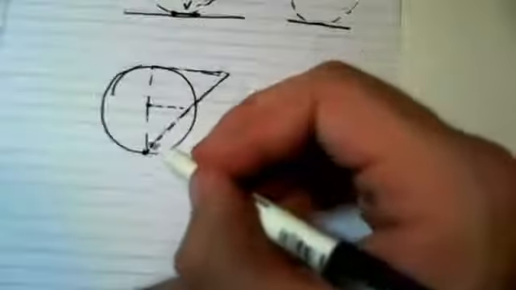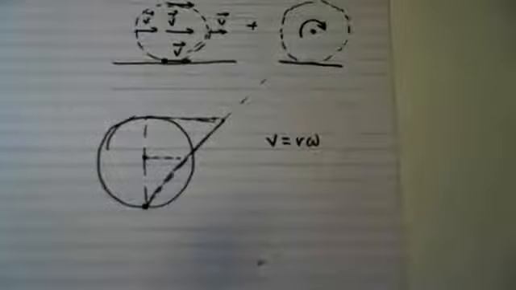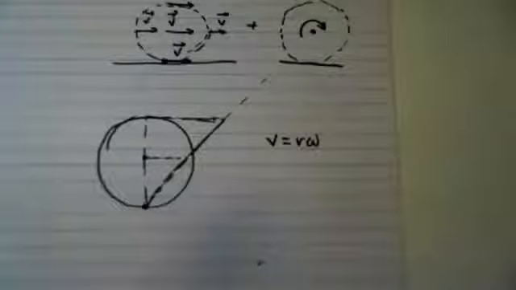If we draw a line like so, we can find what the velocity would be however large the radius would be. That's because there is a relationship between the radial length and the velocity, and also the angular velocity at which the wheel is going to rotate.